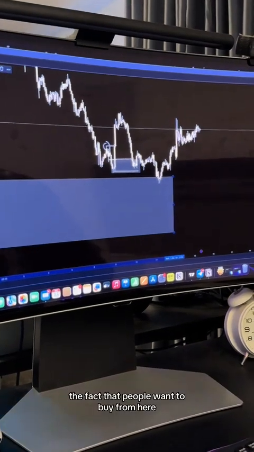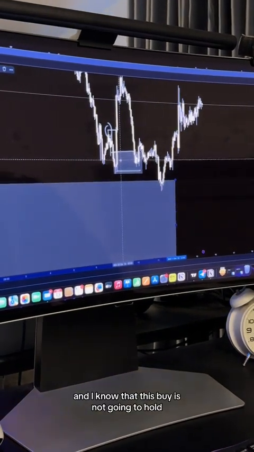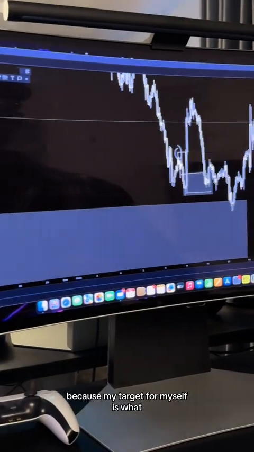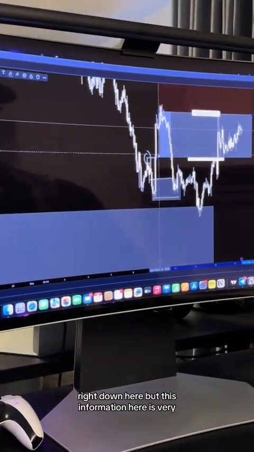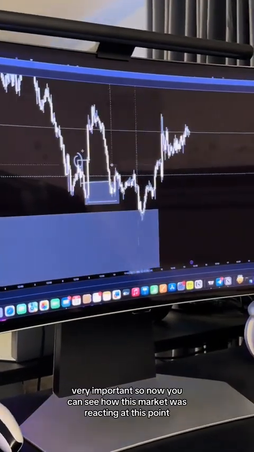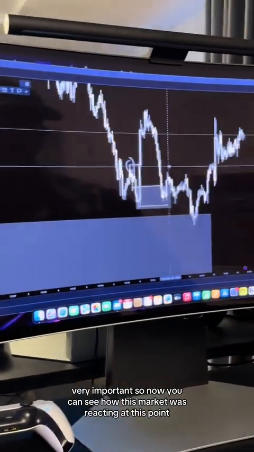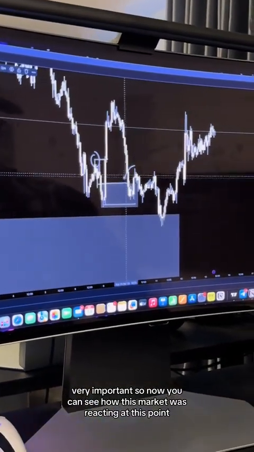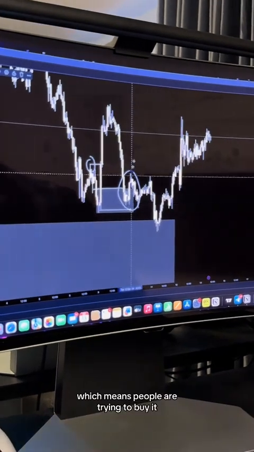The fact that people want to buy from here, and I know that this buy is not going to hold, because my target for my sell is what? Right down here. But this information here is very, very important. So now you can see how this market was reacting at this point, which means people are trying to buy it.